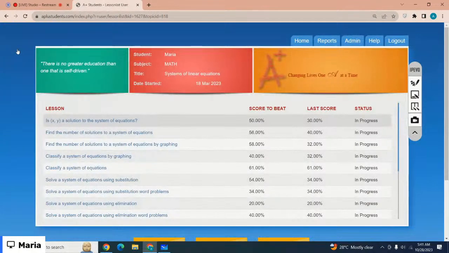Find the number of solutions to a system of equations. Find the number of solutions to a system of equations by graphing, and classify a system of equations by graphing. So please make sure before the next session you complete all the practice questions for the lessons we did today. That is your homework until the next session, right?